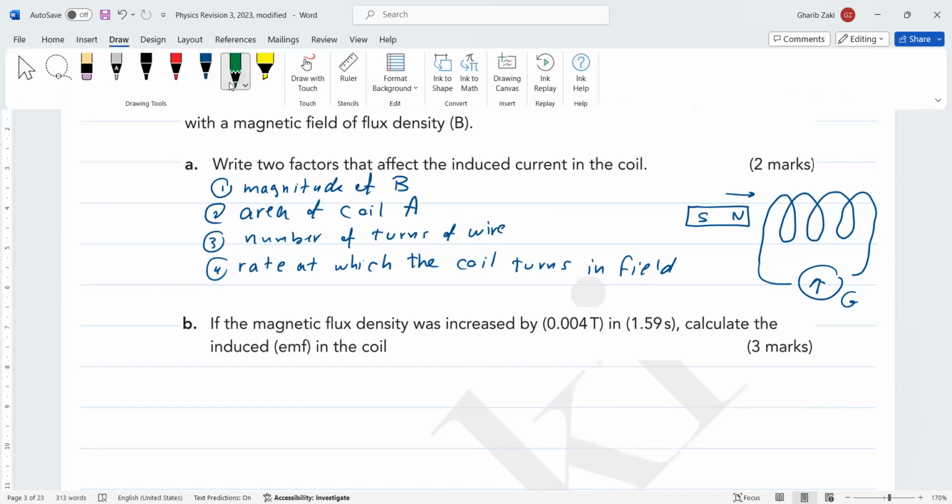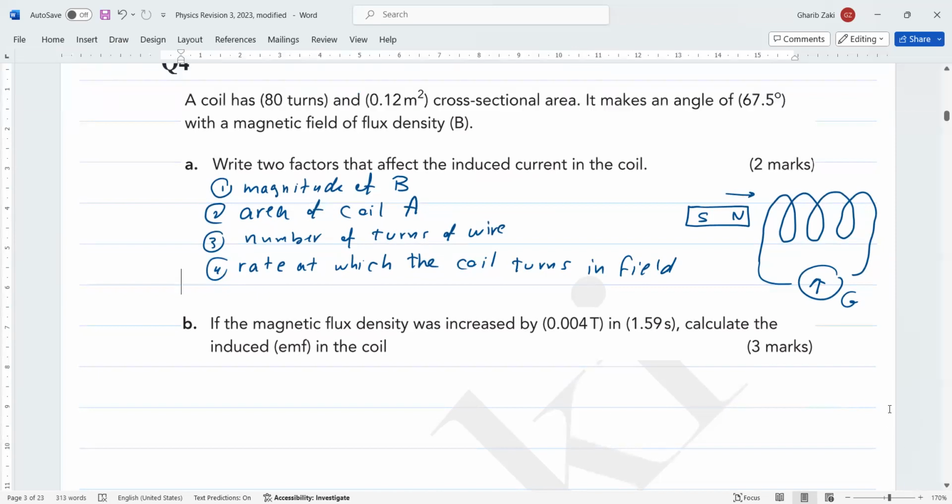Let us study this. The coil has 80 turns, so N equals 80, and 0.12 meter square cross-section area. So this is the area, 0.12 meter square. It makes an angle 67.5 with the magnetic field of flux density. So this is the angle between the area and the magnetic flux density.